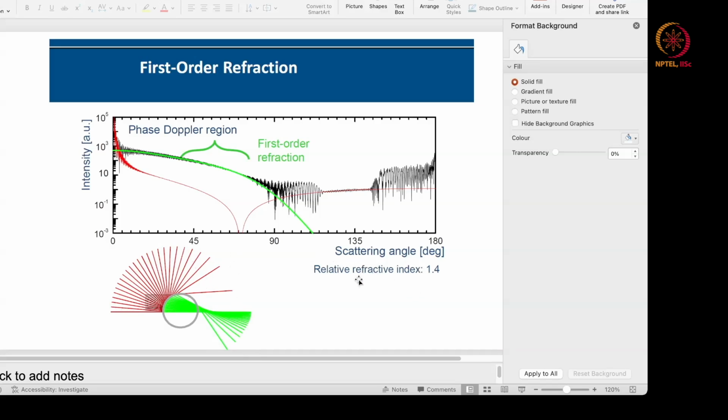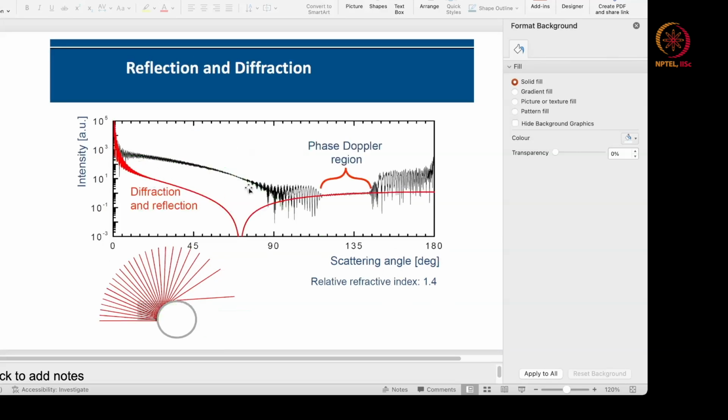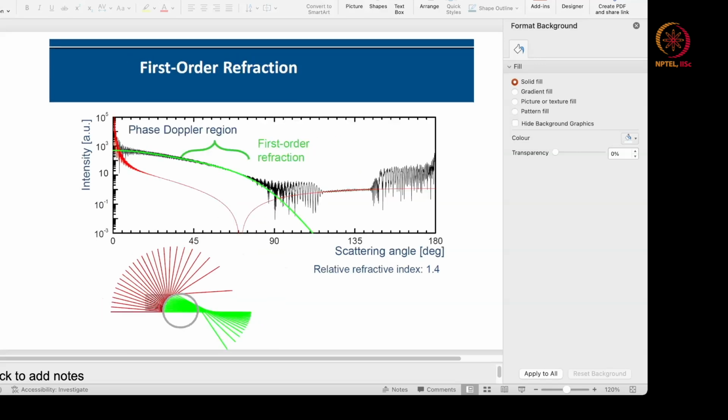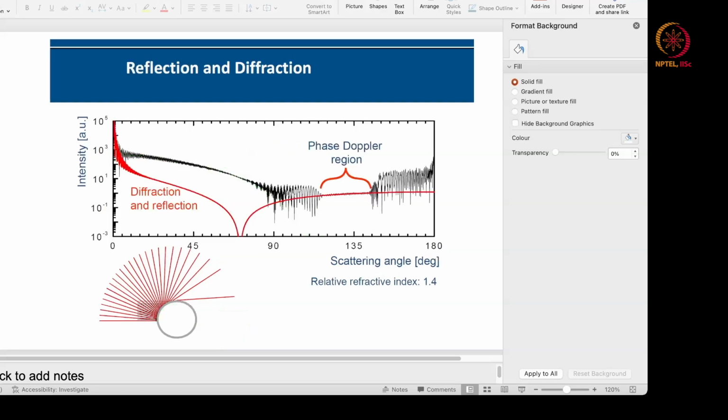The relative refractive index is basically the same. So this is how the relative profiles look. This is the reflection part, and this is basically the first order refraction. If you look at it carefully, you will see that these two are basically similar.